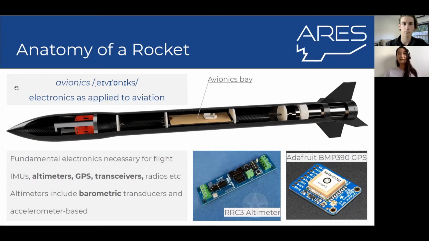Is there anything else you think that needs to be added for this section, Cass? No, I think it's just worth mentioning that this is the fundamental electronics, and the difference between the avionics bay and the payload bay is that all of the fundamental essential electronics for the rocket will be in the avionics bay, and we'll have our true GPS signal inside this avionics bay.